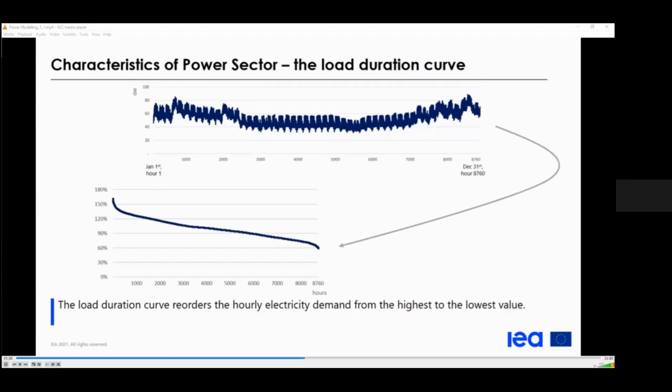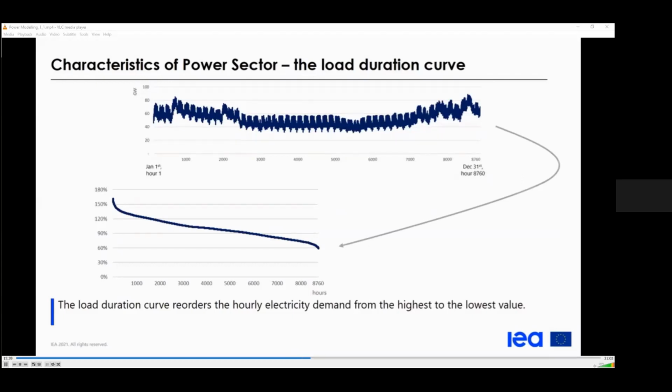A very common simplification is to reorder the hourly electricity demand from the highest point, the peak hour, to the lowest value. This is what we call the load duration curve.